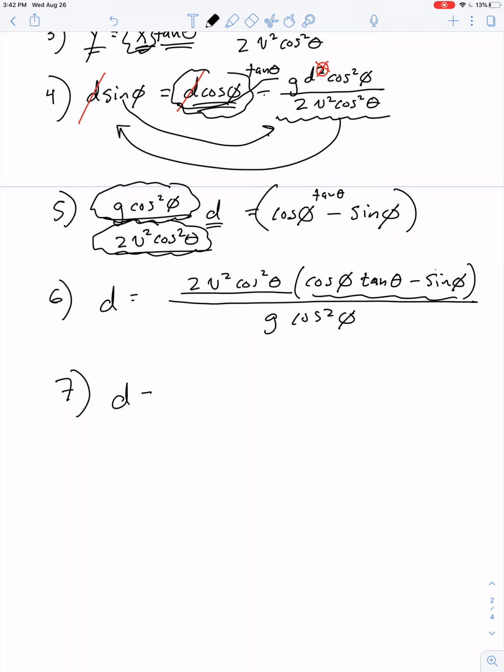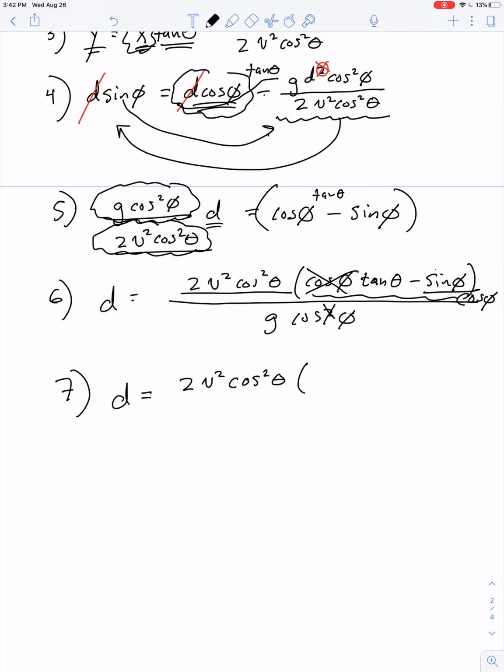I get d equals 2v squared cosine squared theta times the quantity. So I'm going to divide the top by cosine phi. That means this goes away, and then I have a sine phi over cosine phi. And if I then divide the denominator by cosine of phi, it gets rid of that squared.